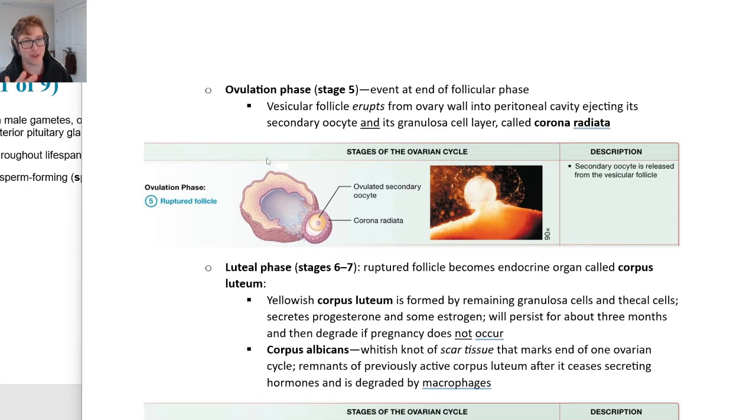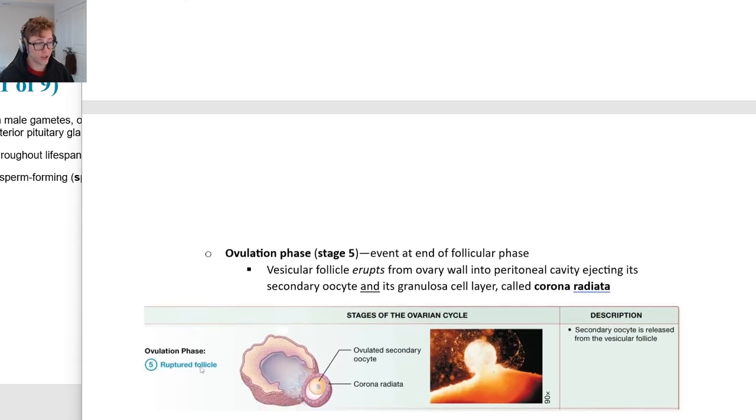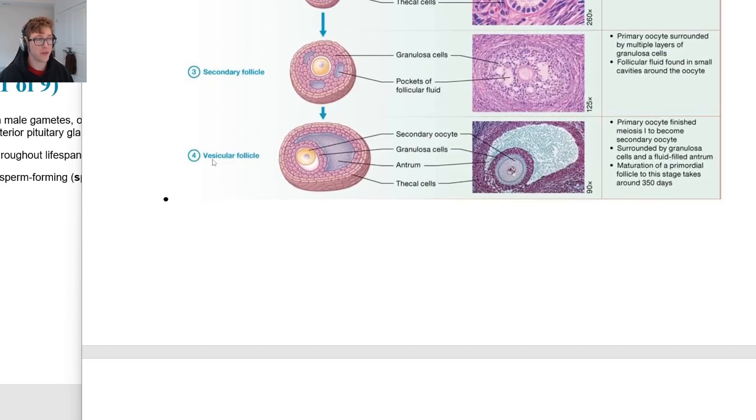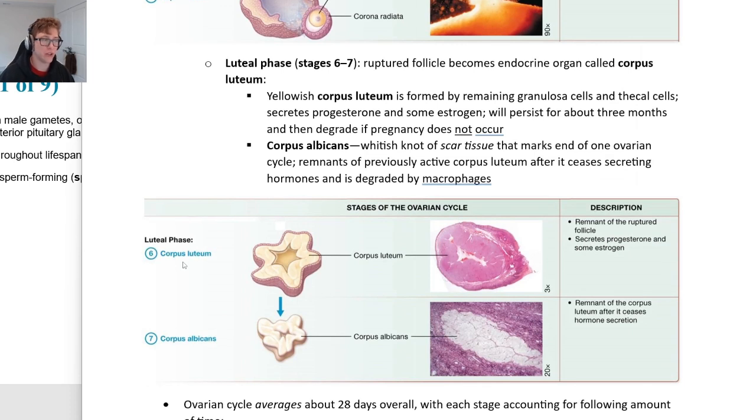Now, the interesting thing, which we're going to talk more about later, is that this ruptured vesicular follicle will actually turn into the corpus luteum. And this is the luteal phase of the ovarian cycle.